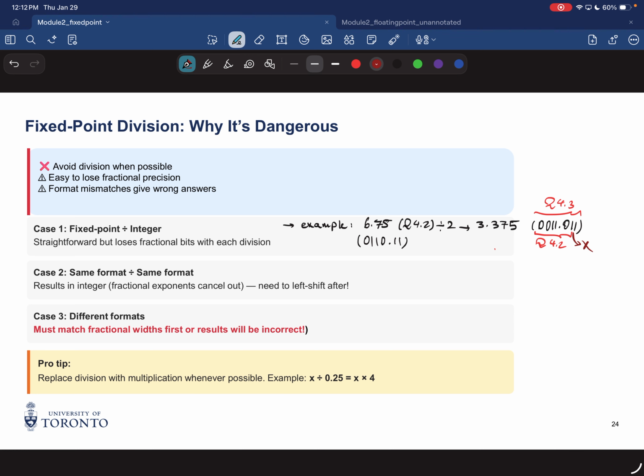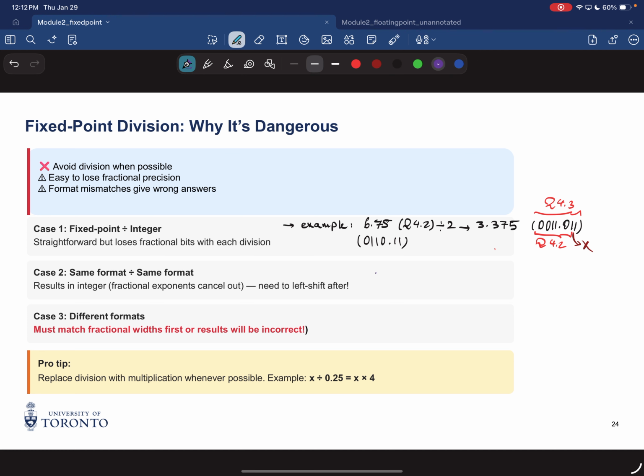Now, case 2 and case 3 is just like how you would divide anything that is multiplied by an exponent. For example, if you're dividing 1.4 multiplied by 10 to the power of 10 over 2.3 times 10 to the power of 2, let's say. The only thing you have to notice is that here, this is not a good example.